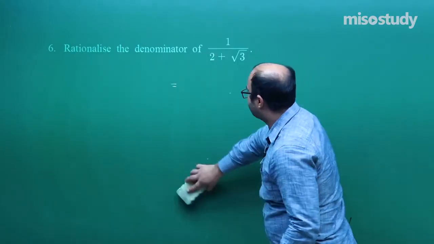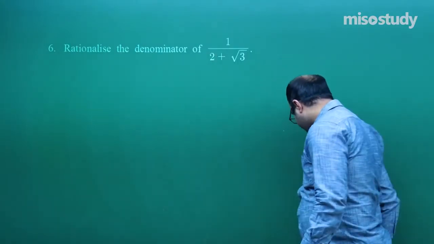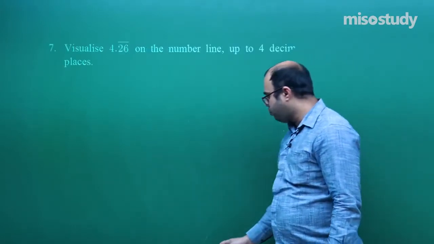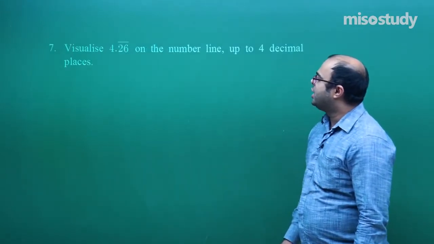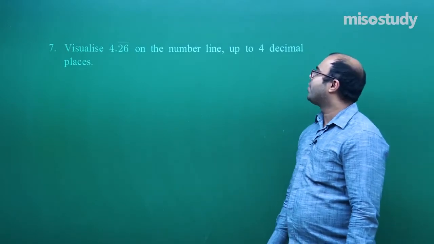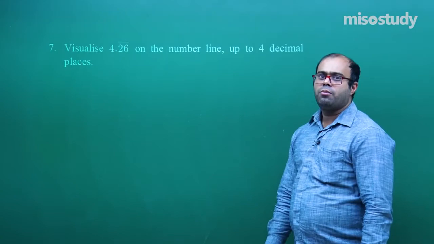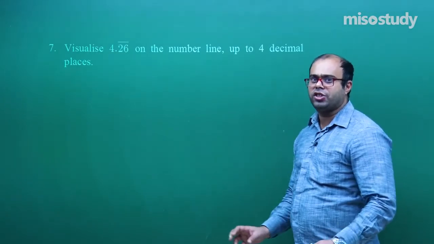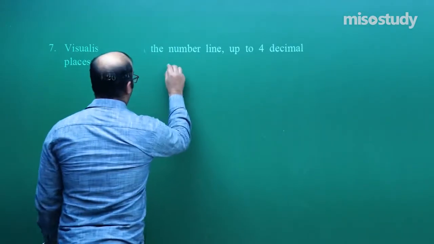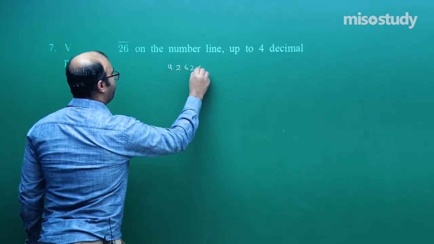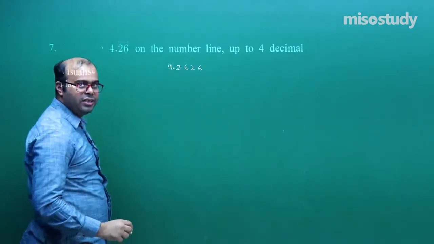Now, let us come to the next question. That question is the last of 2 marks. Visualize 4.26 bar on the number line up to 4 decimal places. You remember how we do this? Process of successive magnification. So, 4.2626 up to 4 decimal places is written like this.